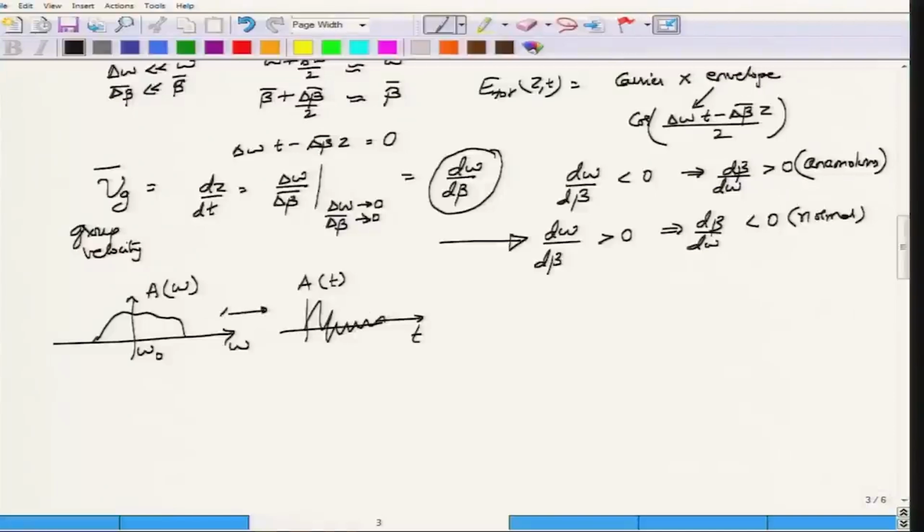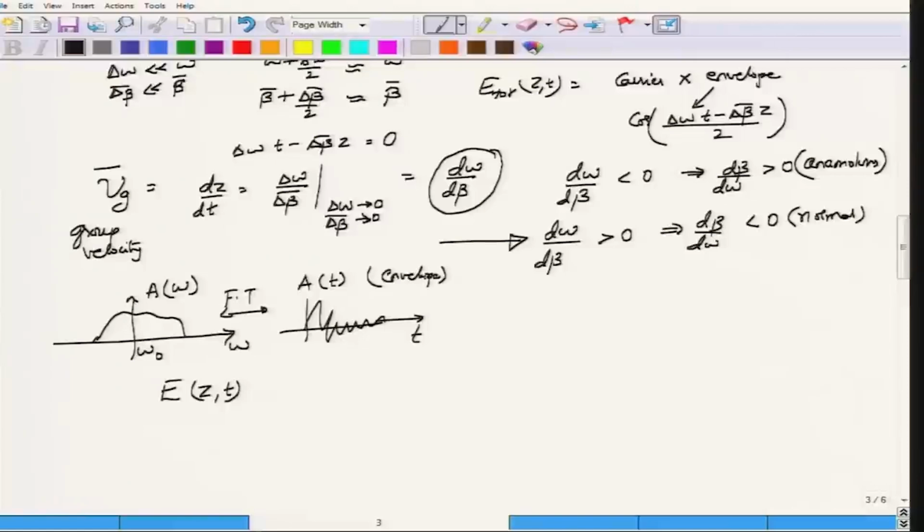These two are related of course by the Fourier transform, and if you were to look for what would happen if instead of sending just a sinusoidal wave, I were to send this type of an envelope or equivalently this type of a spectrum, I will not go into the details here. You can see that in the attached note that I will be putting in here. In the attached note you will see the derivation of this one, and you will see that the electric field component, this is only the envelope. Okay.